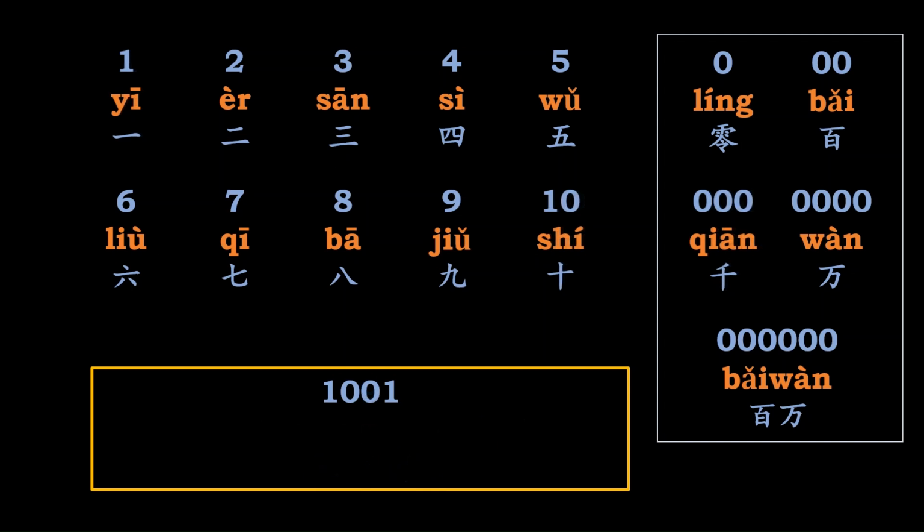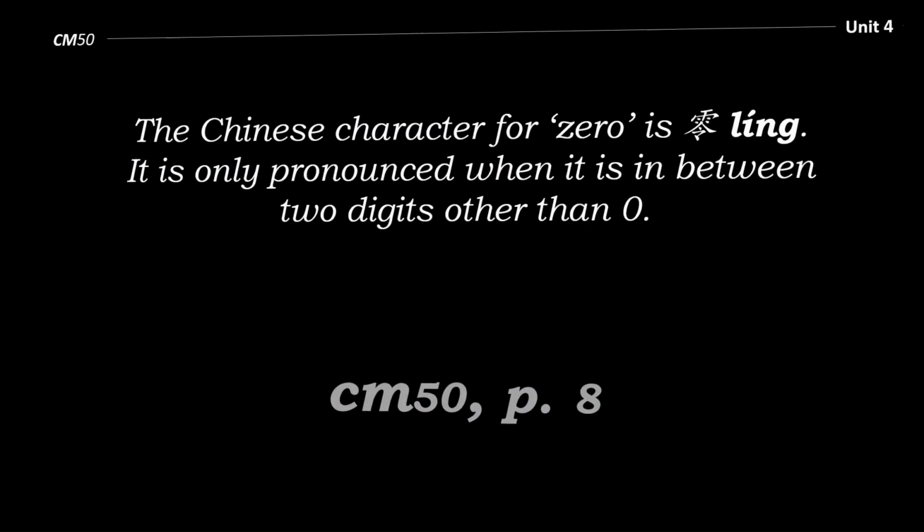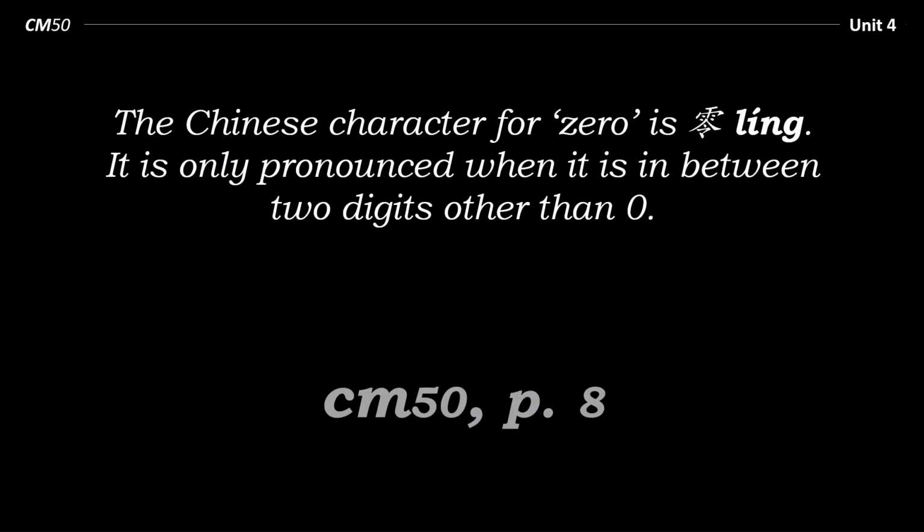How about 1001? Now here we have two zeros in a row between two digits other than a 0. So how do we handle this? Do we pronounce them both? Well, let's refer back to page 8 of the CM50 textbook, where it noted that the character for 0 is ling.